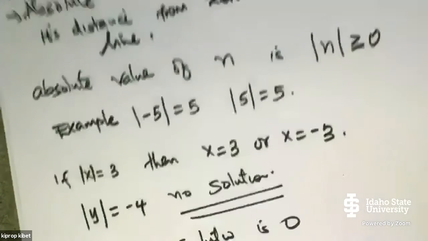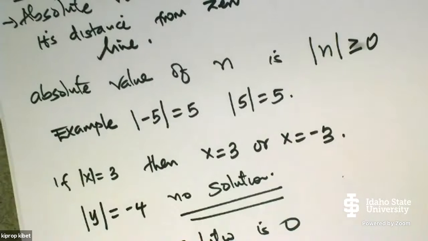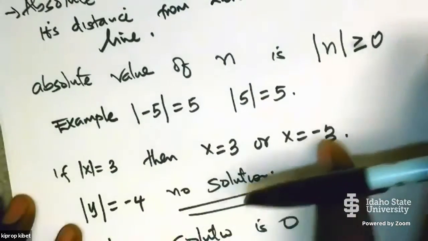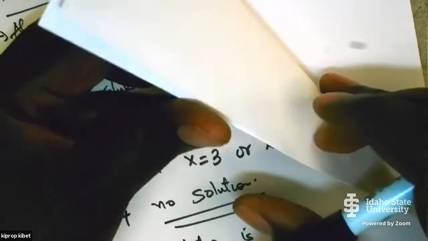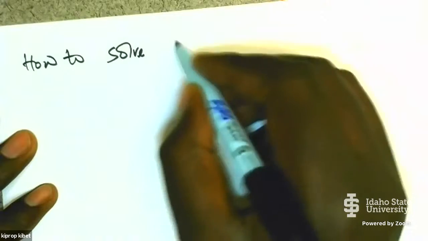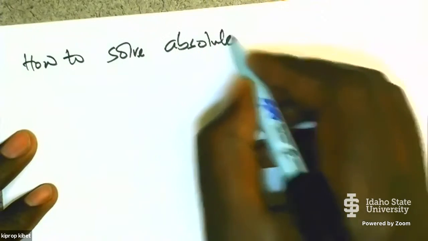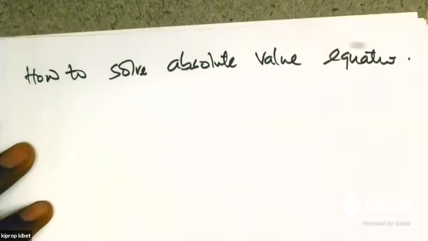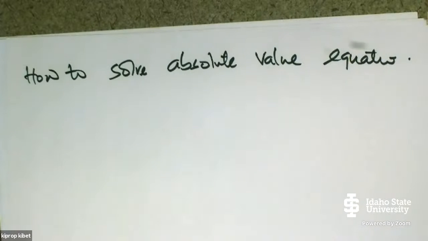Okay, so how do we solve an equation where it has the absolute value? How should we solve an absolute value equation?